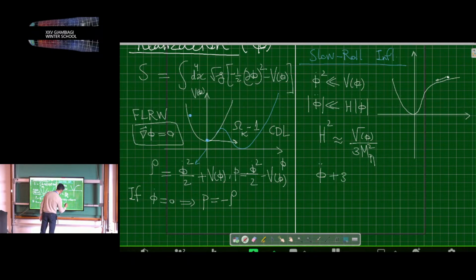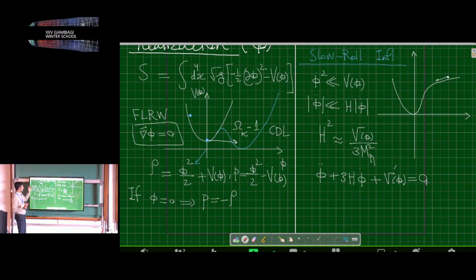And therefore, phi dot will be approximately minus V prime divided by 3H. Now, under these assumptions, I obtain this solution, which is called the slow roll solution.